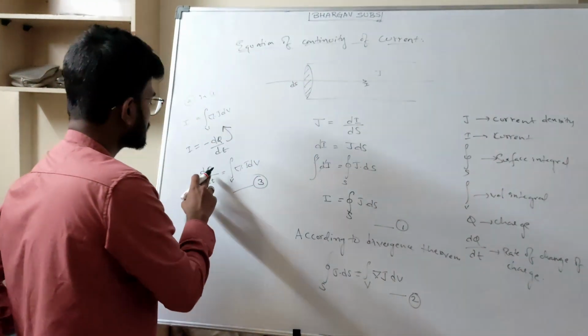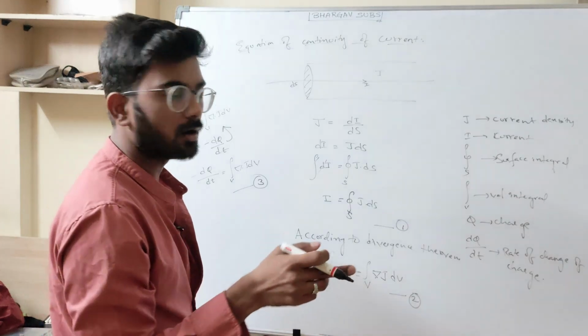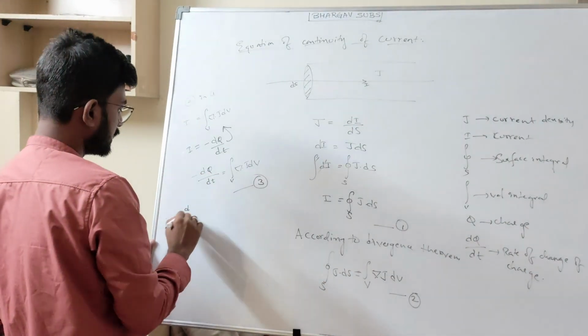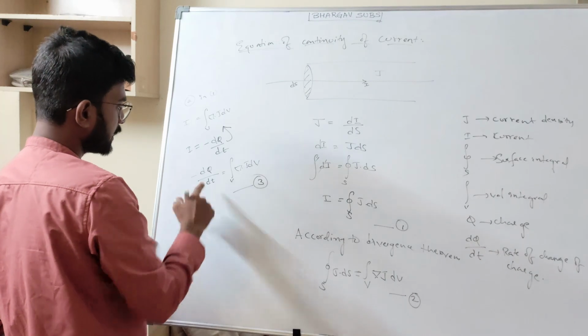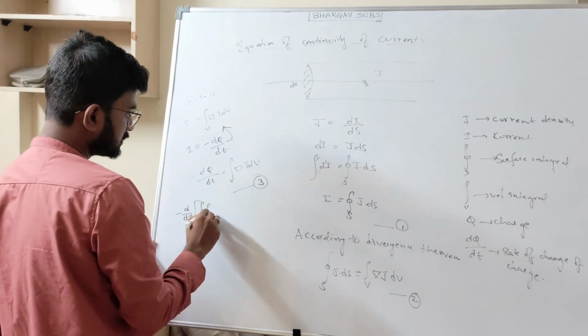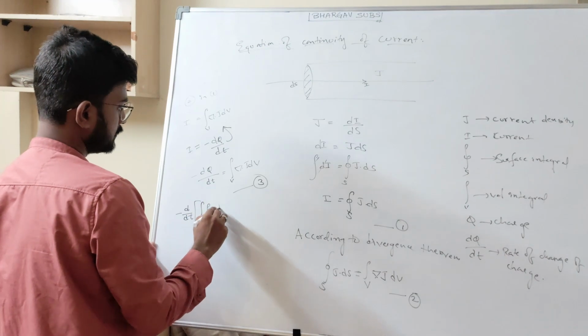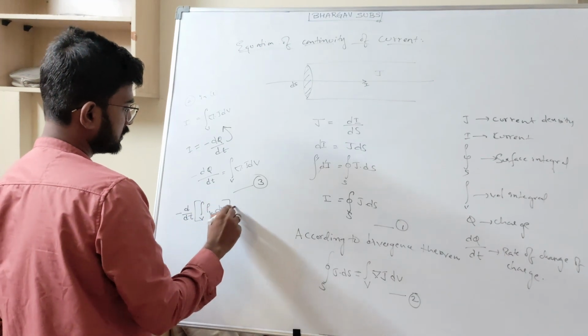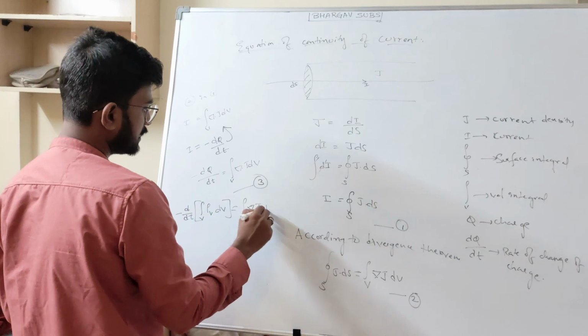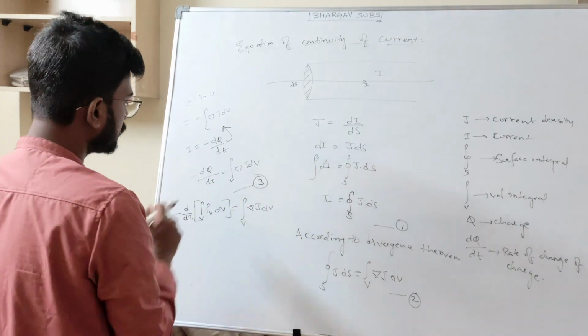So minus d by dt of volume integral of charge density with respect to volume dv is equal to volume integral of divergence of J dv. Charge I wrote like this.